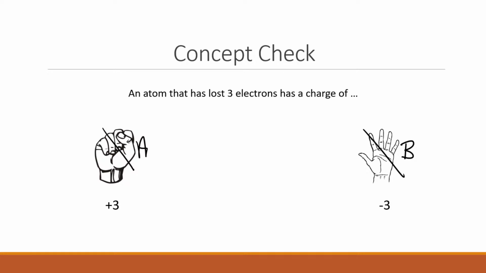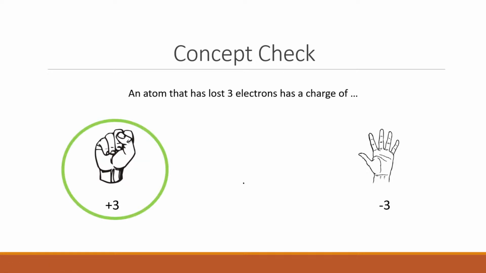The correct answer here is choice A. Losing electrons, getting rid of negatives, means that you have a more positive substance, right? You now have a positive ion.